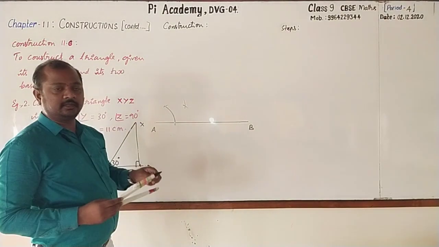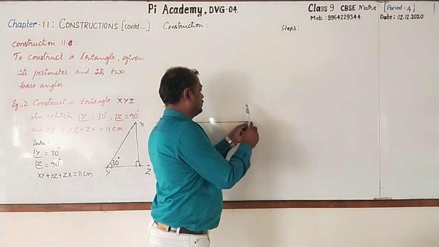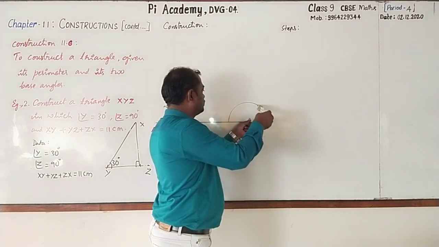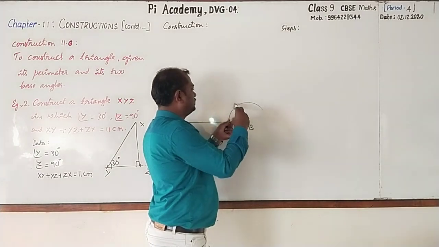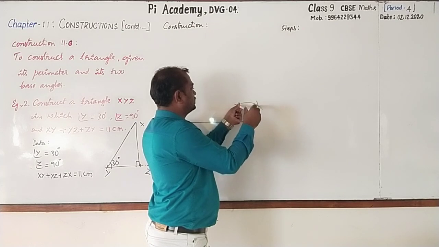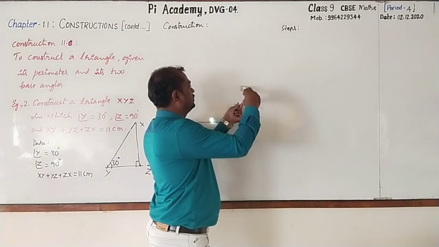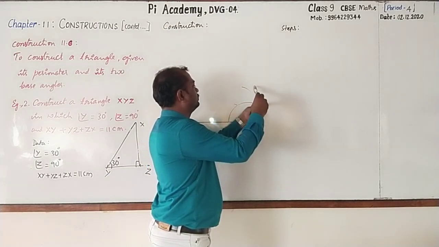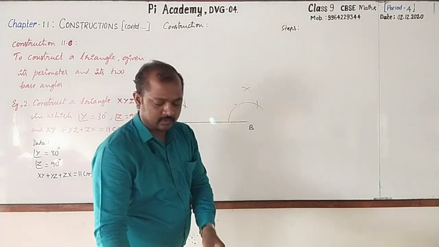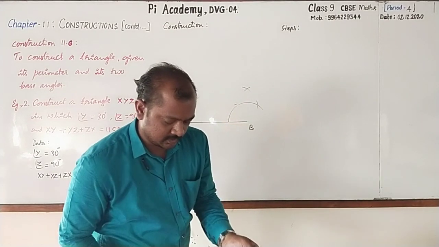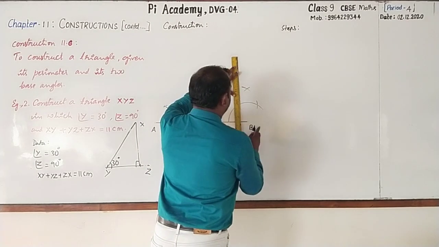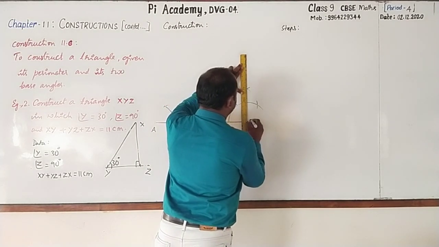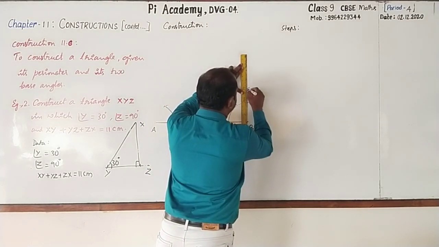Next, construct 90 degree at B. With B as center, draw an arc from this point, draw two arcs, and from these 2 points, if you draw 2 more arcs, they intersect at a point. Draw the line from B through this point of intersection.